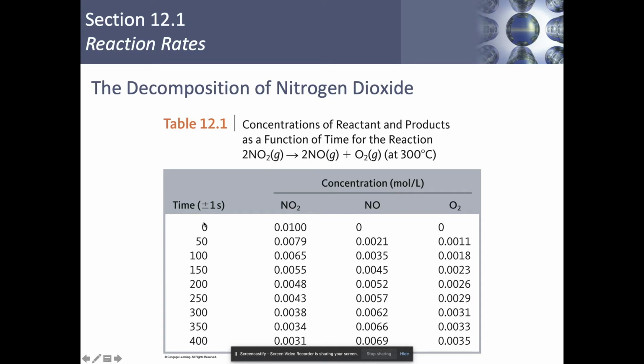So notice that at time 0, we start with a full amount of nitrogen dioxide, and we have absolutely no nitrogen monoxide and absolutely no oxygen gas. But after 50 seconds, that has now changed. And now we are decreasing in the amount of reactant, in this case nitrogen dioxide, and we are increasing in the amount of nitrogen monoxide and the amount of oxygen that we've been manufacturing.